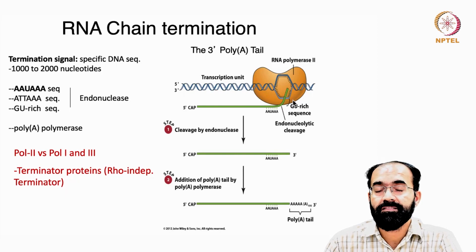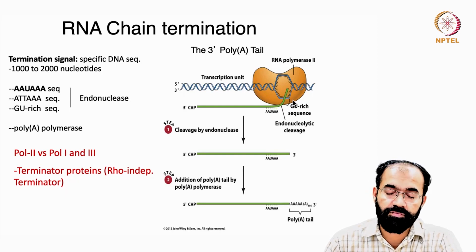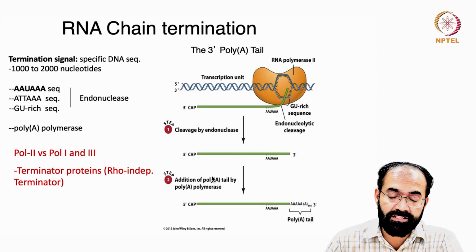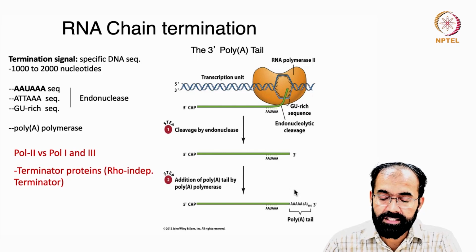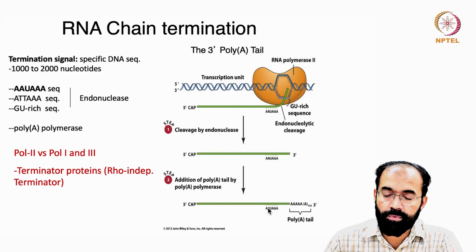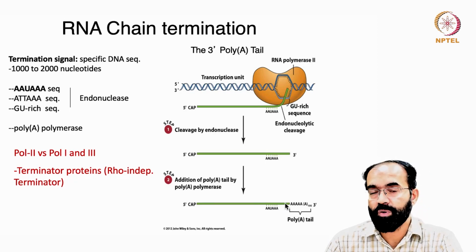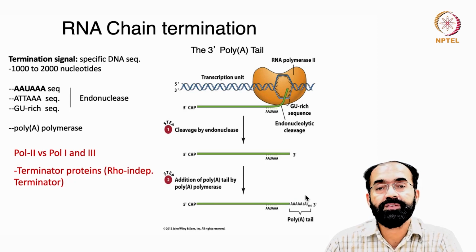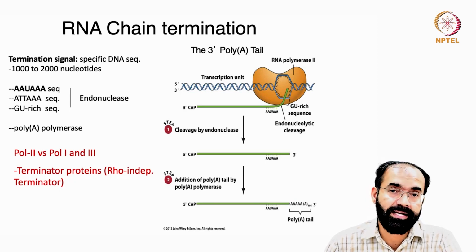The GU rich sequence will prevent further movement of this transcription bubble, and as soon as the RNA is cleaved, it has to be recognized by the poly A polymerase. The AAUAAA, that is the poly A signal, is recognized, and the poly A polymerase will add a poly A tail. Remember to distinguish between poly A signal and poly A tail.